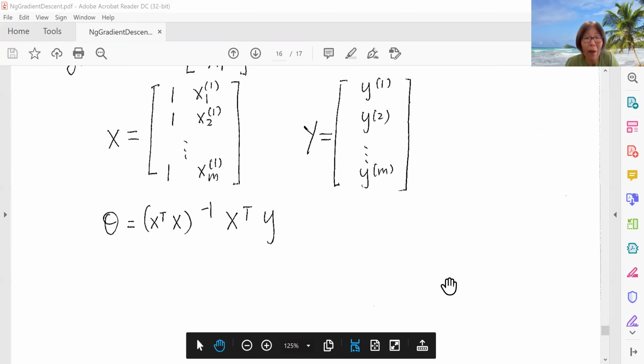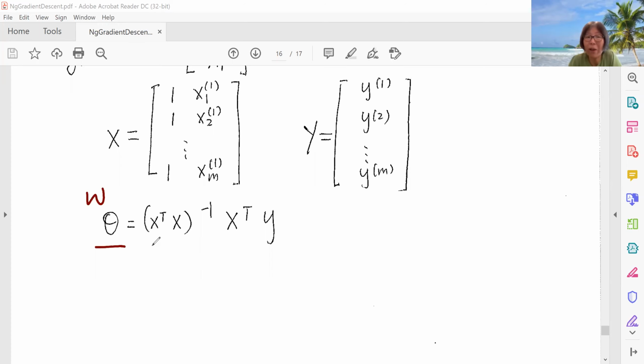From math, it's not a very difficult task to derive this relationship between the features and the target values to solve this cost function regarding each of the weights. We can find that the weight can be expressed like this, and all of this is a matrix expression.